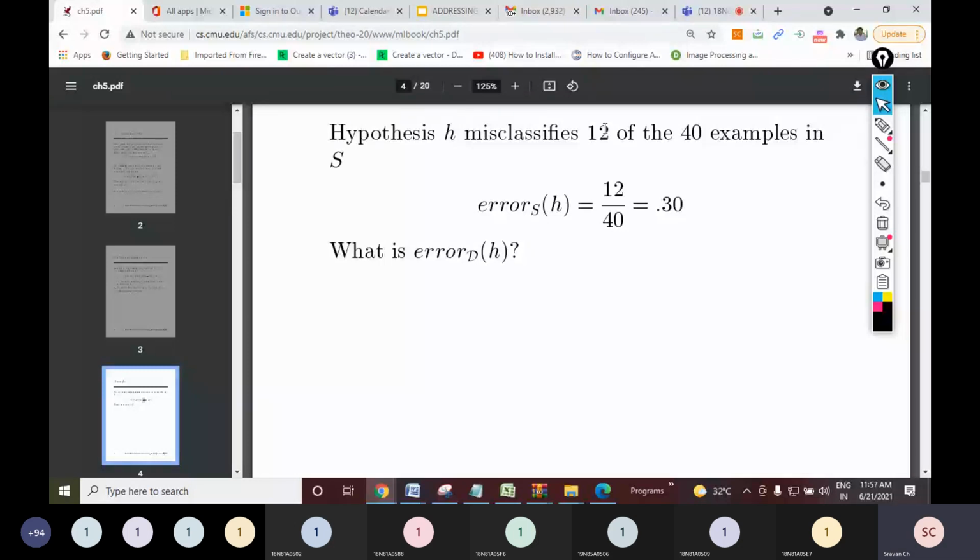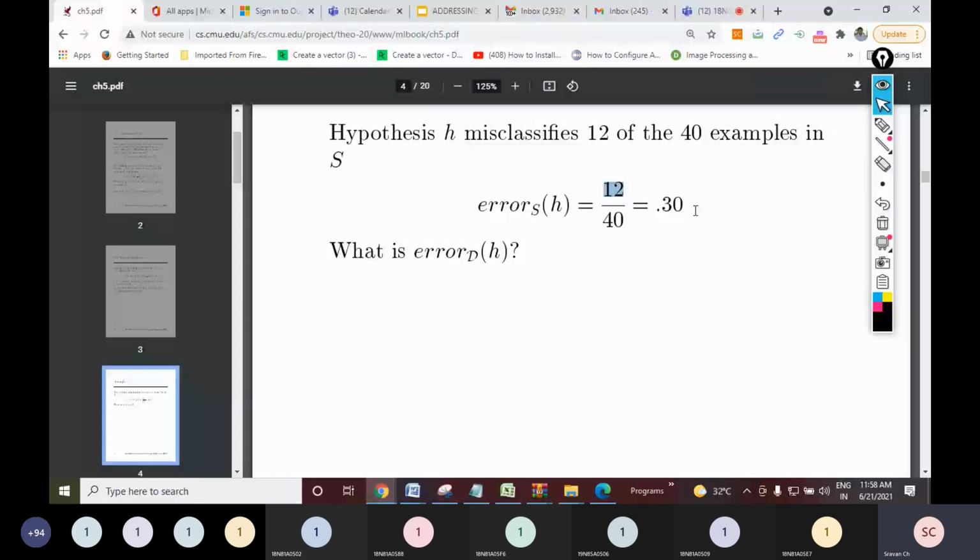So error S of H value is 12, but if I want the proportion, I have to divide 12 by 40, which is 0.30. This is not a probability, this is a percentage. 0.30 is the proportion of times H is misclassifying.